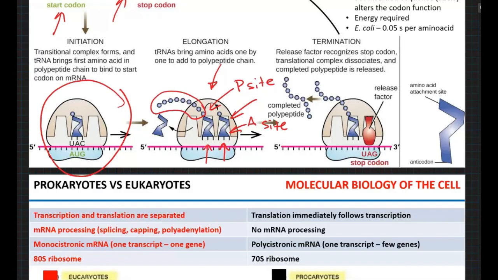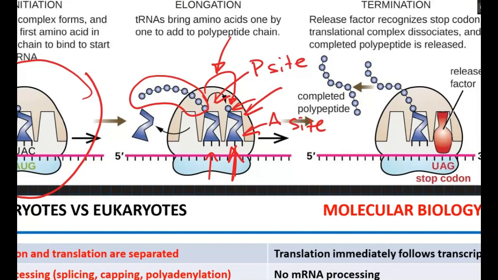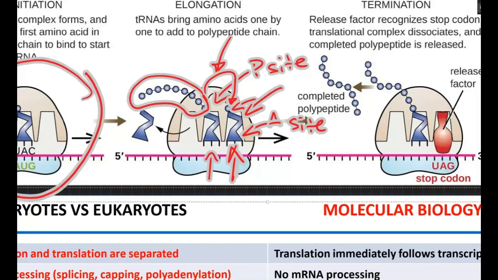So when the next tRNA comes in, the entire polypeptide is transferred onto the incoming amino acid. This little dot is an amino acid. And the ribosome shifts.